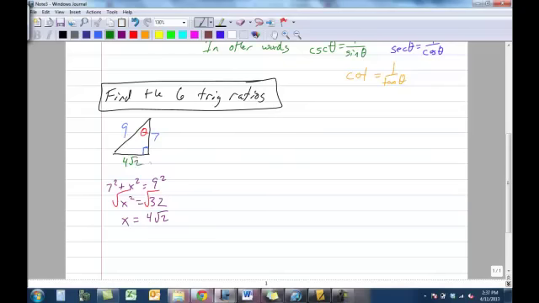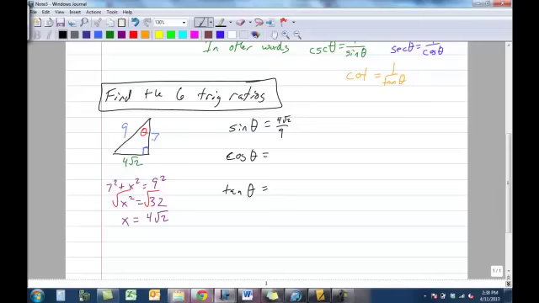Once you got your 3 sides, the 6 trig ratios are easy. Start off with the ones that you know and love: sine, cosine, and tangent. Hook up those 3. Now remember, we're talking about this top angle here. So opposite would be 4 root 2 divided by the hypotenuse, 9.